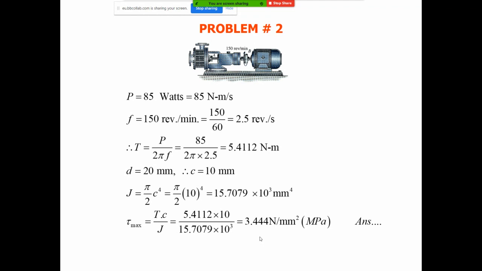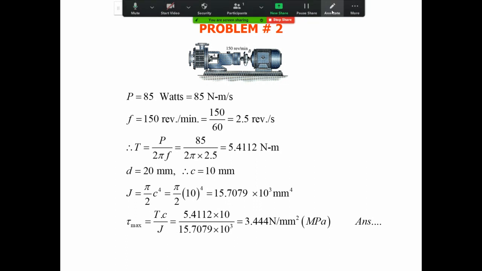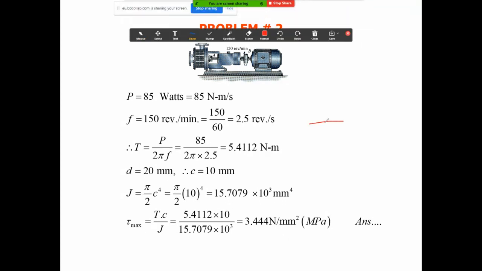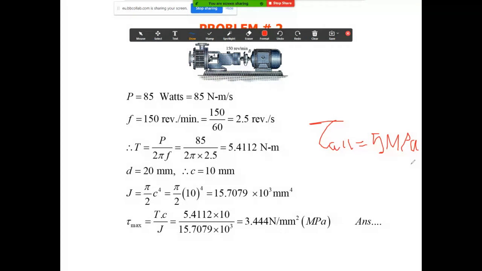Now, if somebody asks you to check whether there is no failure for this shaft, if the material can resist up to tau allowable equal to 5 megapascal, what do you think, guys?